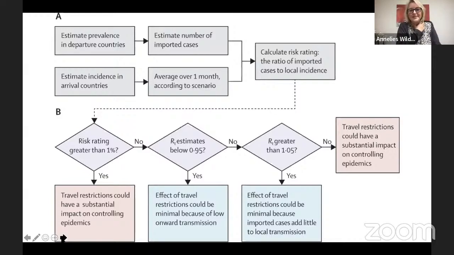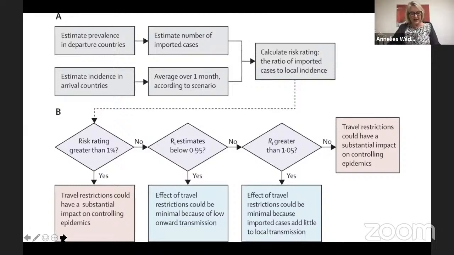That means out of 100,000 air passengers, 1,000 will be positive. This is a sizable number. And remember, our annual air passenger volume before COVID was about 2 billion. So you have to calculate the risk ratio of imported cases to the local incidence. If it's high, then travel restrictions make sense and will have a substantial impact.